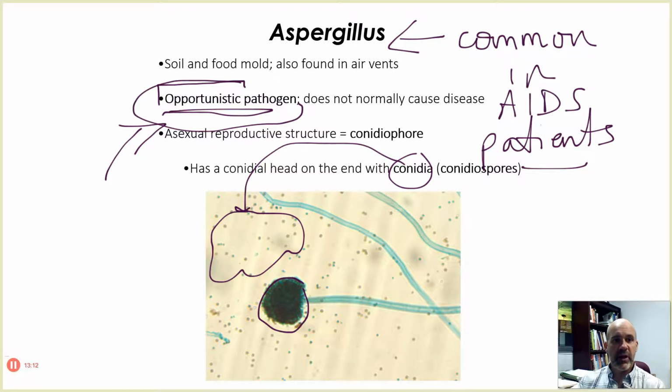So Aspergillus, ordinarily, if you breathed in Aspergillus spores, your immune system's just going to clear them out. You're not ever going to know that they were there. If you have full-blown AIDS, though, and your immune system is weaker, then things like Aspergillus that ordinarily would not be able to grow and survive in the human body are going to be able to do so. That condition is called aspergillosis.